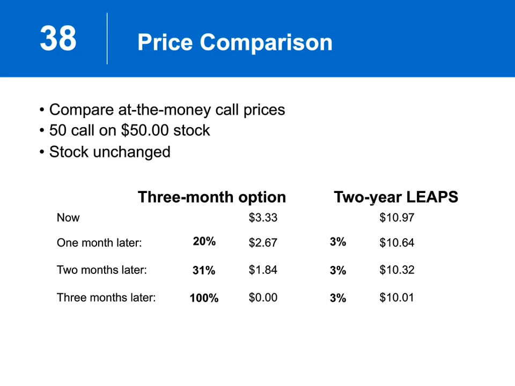The 2-year leap, on the other hand, we've got 2 years left. It's going to lose maybe a little bit, but just a fraction, maybe 3%. 2 months into this 3-month dated option, we're figuring we're going to lose a solid third of our value at least. On the 3-month option, that thing's going to be down below $2, but not exactly half its value.